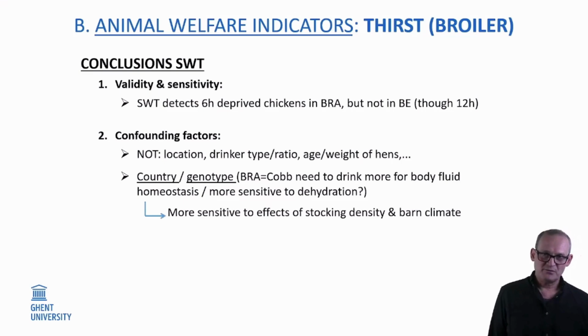As confounding factors, there was a country difference and a genotype, but we don't know which of the two is the most relevant, because in Brazil they mainly use the Cobb chicken, whereas in Belgium they mainly use the Ross chicken. But there is a suspicion that the country difference that we found was really a difference between genotypes, because it is known that the Cobb need to drink more for their body fluid homeostasis, and therefore may be more sensitive to dehydration.